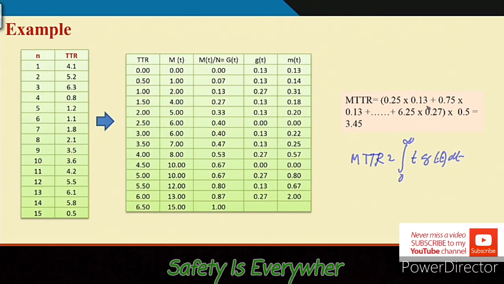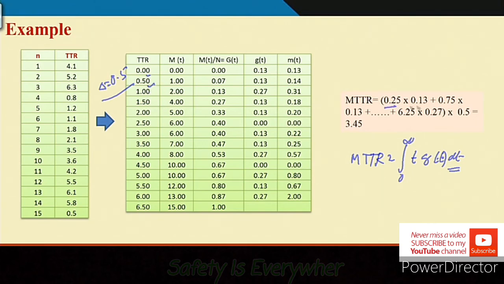Now, you see what we have done here. What is the dt value? Everywhere I said the difference is 0.5, so that is your dt or delta value. Then what will be the t values? The t values will be the in-between ones. So, first one 0.25, then 0.75, and similarly the last one is 6 plus 6.5 by 2, 6.25.